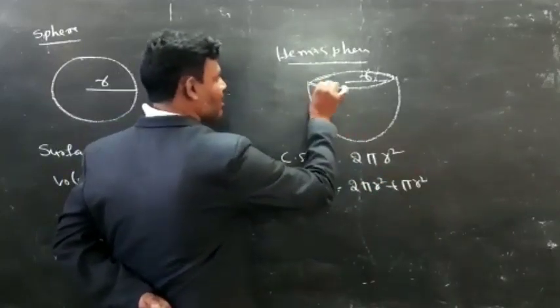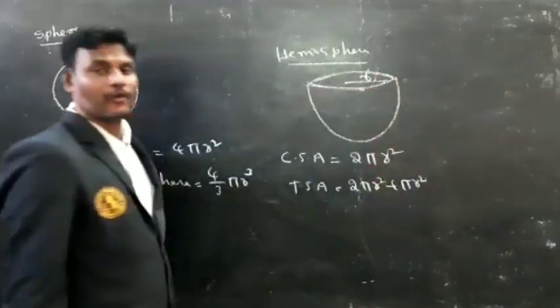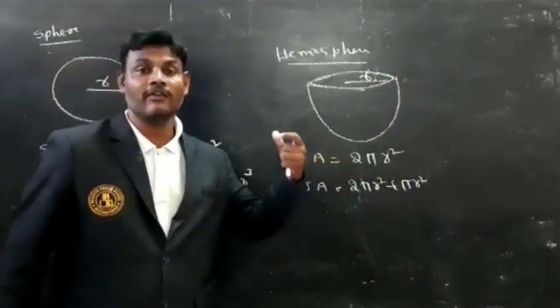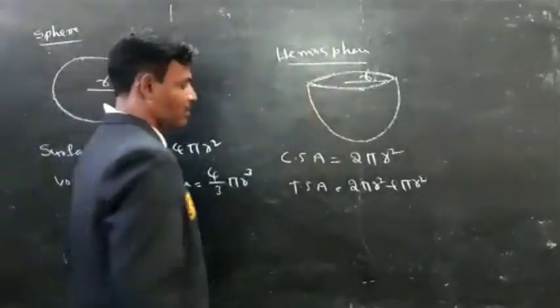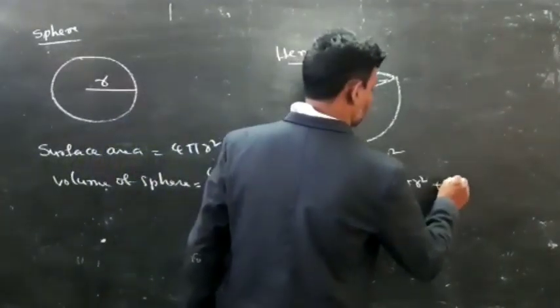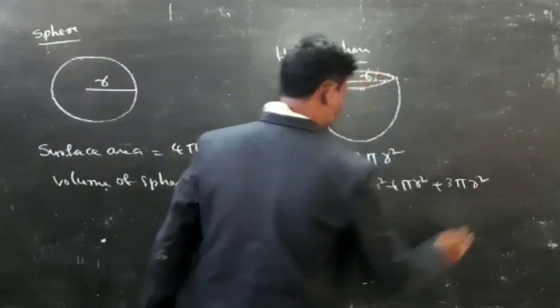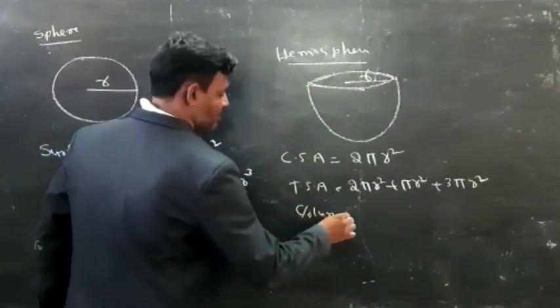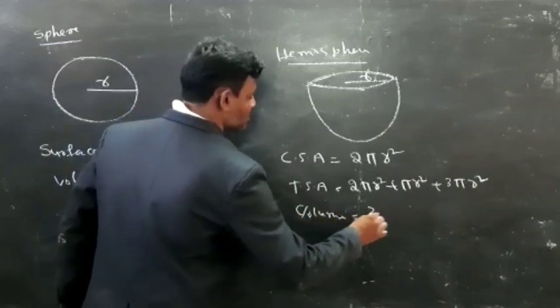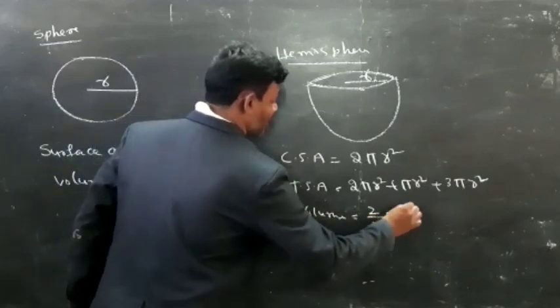Why? Because here one circle is formed, and in calculating the total surface area of hemisphere this area we have to count. So 2 pi r square plus pi r square is 3 pi r square. And volume of hemisphere is equal to 2 by 3 pi r cube.